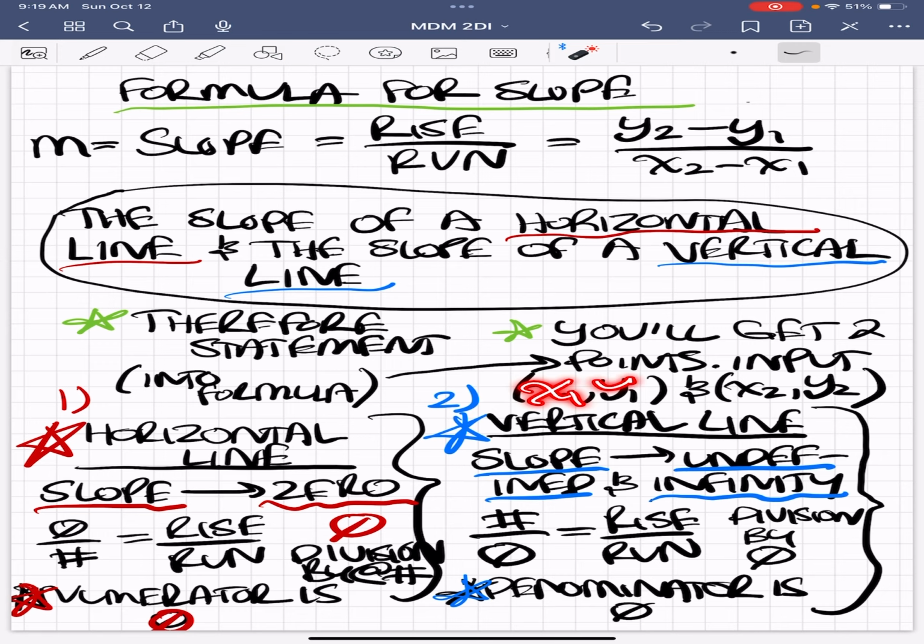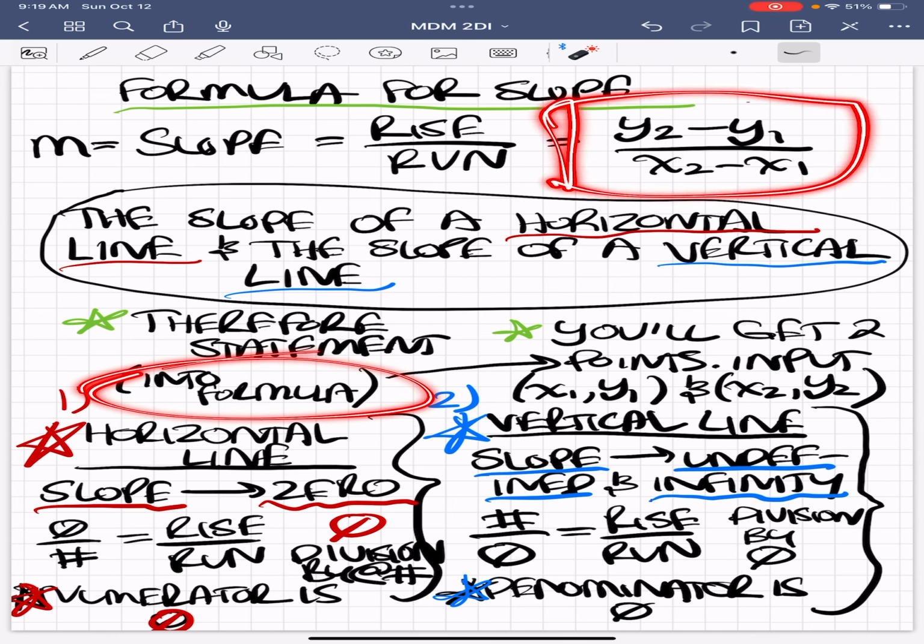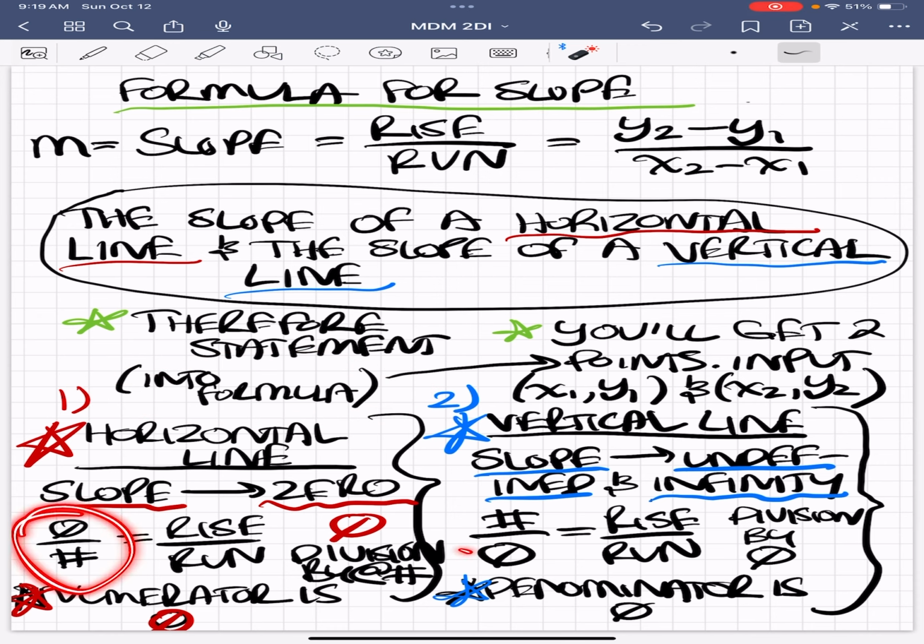It will be x1, y1, x2, y2, and we're going to put that into the formula up here, and it'll result in either 0 being the numerator or 0 being the denominator, and we can tell if it's a horizontal line or a vertical line. And over here there are 4 statements as well.